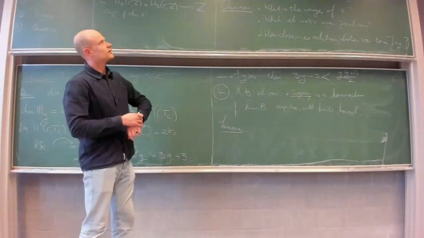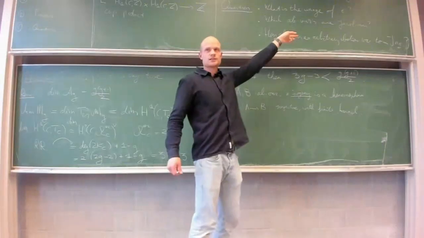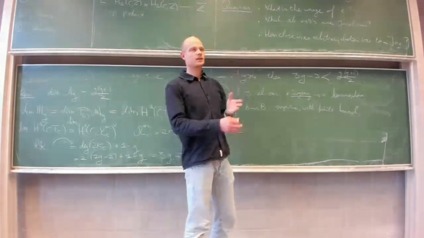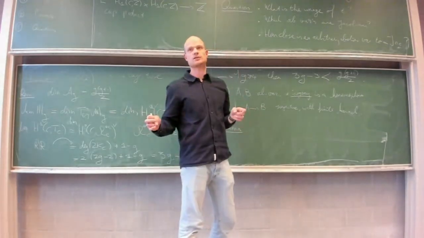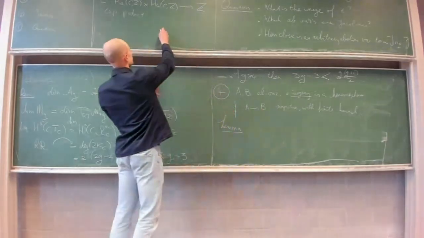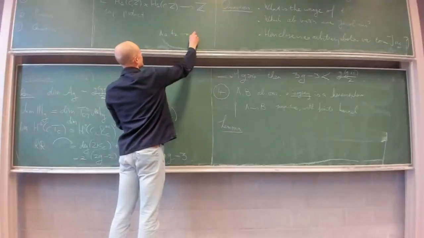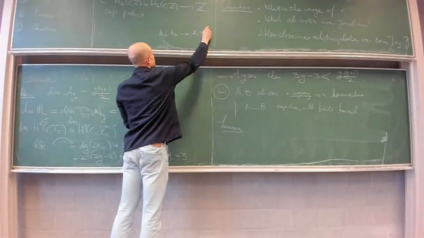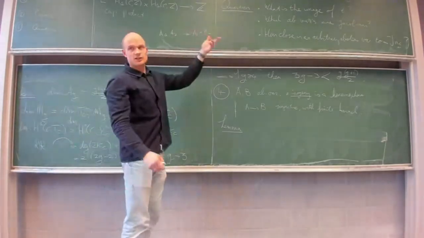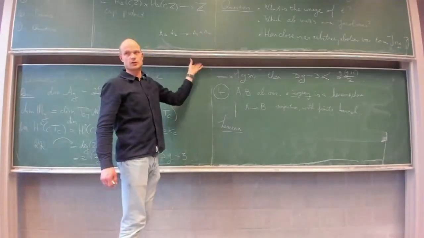You can look in AG at the locus of Jacobians. That's by definition the image. But you can also look at the locus of abelian varieties which are a product of Jacobians. If you take two abelian varieties A1, A2, you can take A1 times A2, which is again an abelian variety. In particular, you can take products of Jacobians, and the closure of the image is exactly the locus of products of Jacobians.